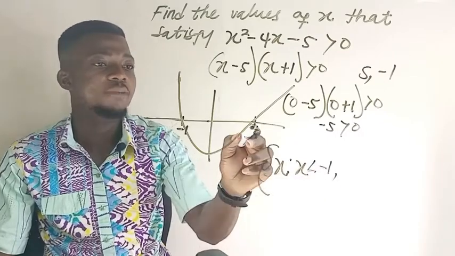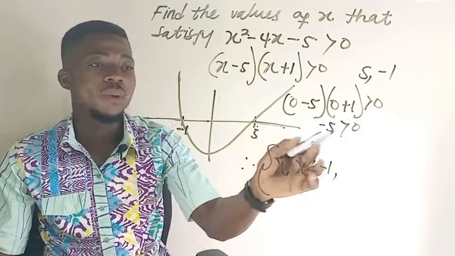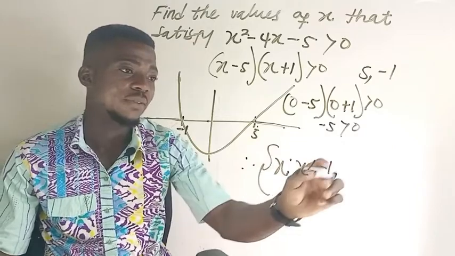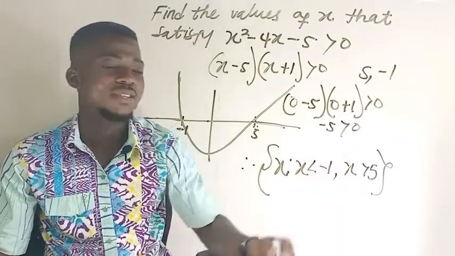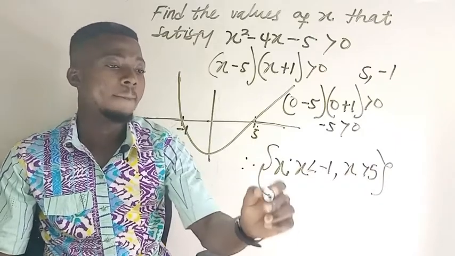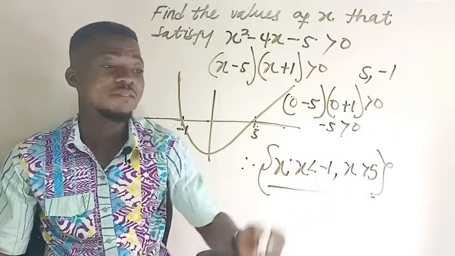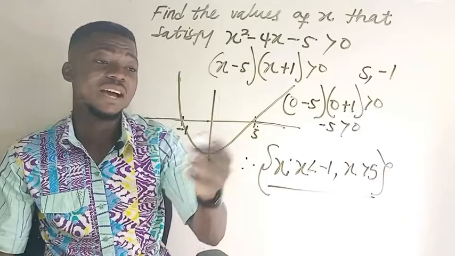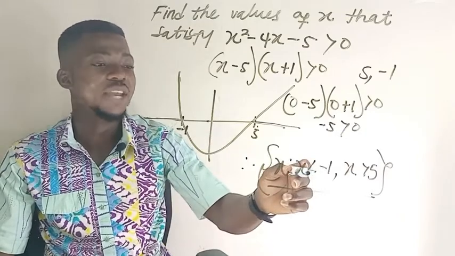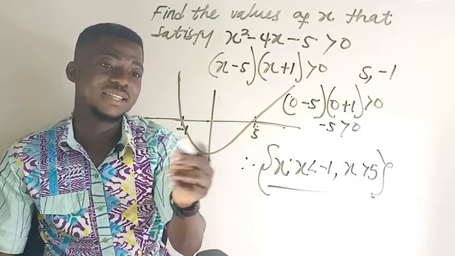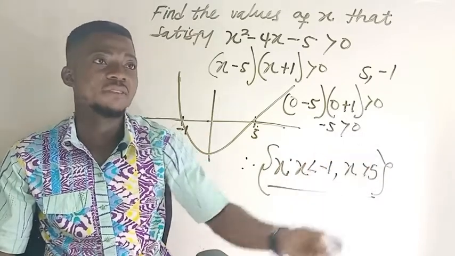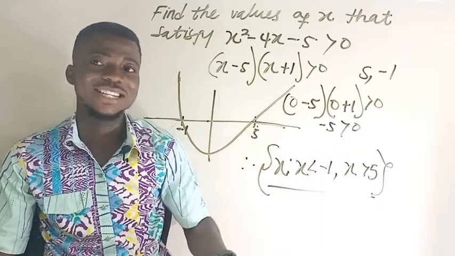Then from here going, it is greater than 5. So x is greater than 5. These are the range of values. So if you want a value that satisfies the inequality, you just pick any value less than -1, or values greater than 5, and they will satisfy it.